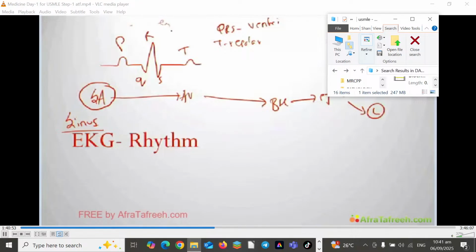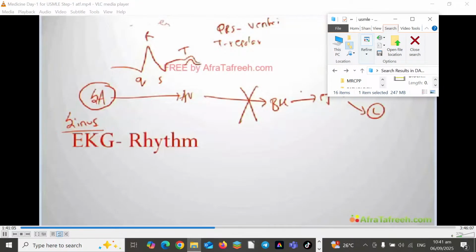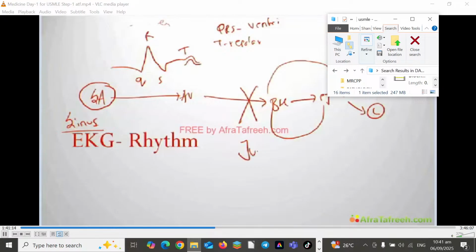If there is no P wave, only the QRS complex, this means that it is starting from this area, that is the bundle of His and Purkinje fibers, and this would be a junctional rhythm or a ventricular rhythm. This can be anything but a sinus rhythm. It is not starting from the sinus.